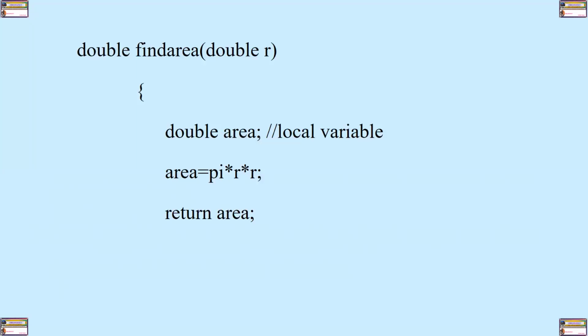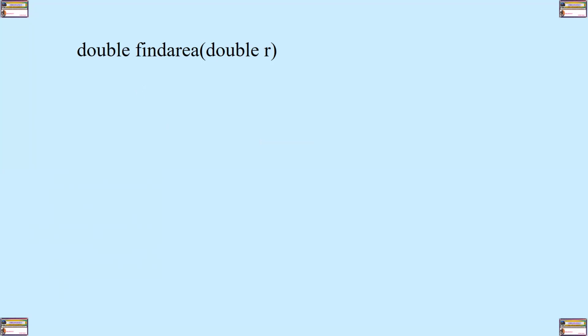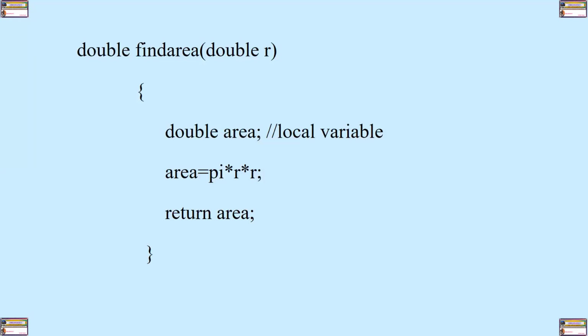But because its value is important, the results are important, you can see we are passing the value back to the caller through the function called find area. And therefore, the double area, this variable called area in this function, is a local variable. It is only used by the function called find area.